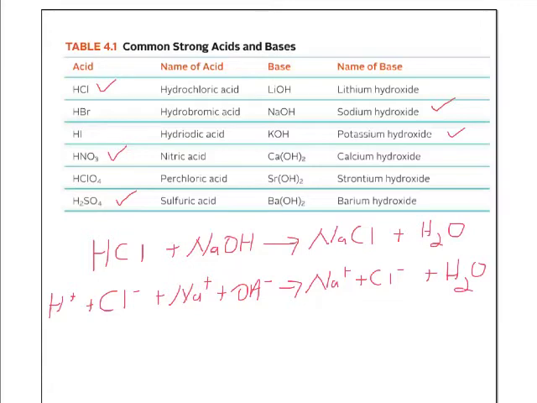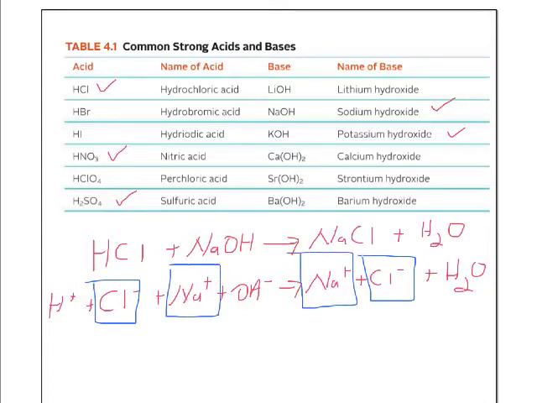Okay, so what do we have that stays the same on both sides of the equation? Well, the chloride is the same on both sides, so that is a spectator ion. And the sodium ion is the same on both sides, so that's a spectator ion. So we are left with H plus plus OH minus yields H2O.